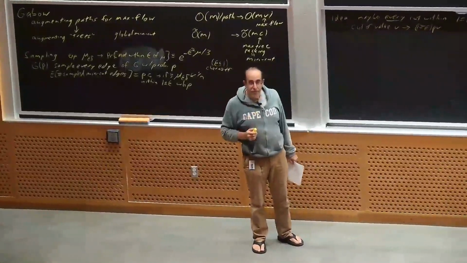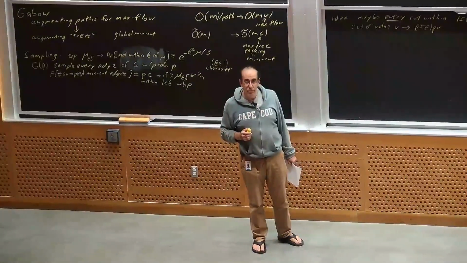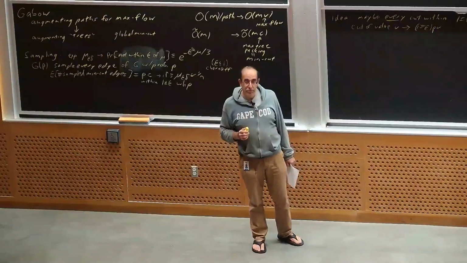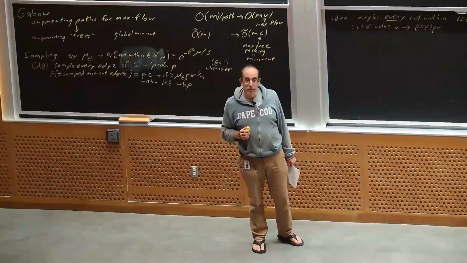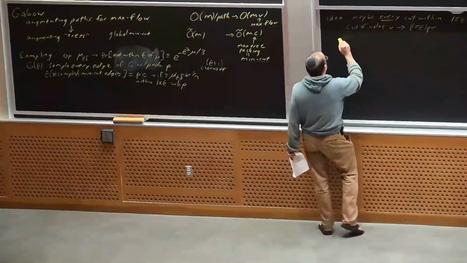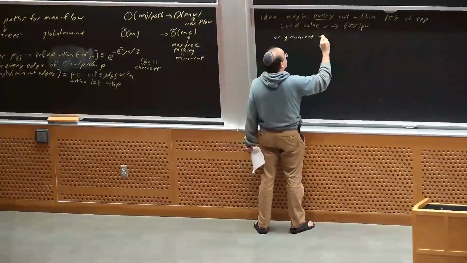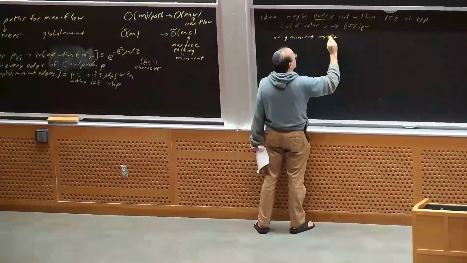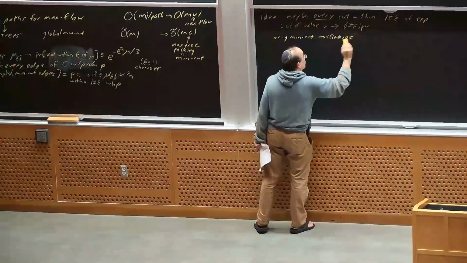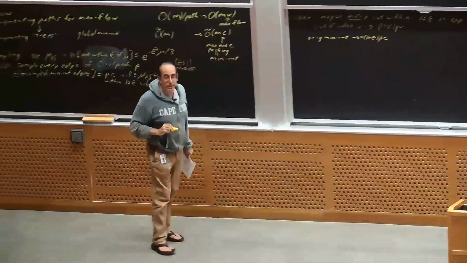Yeah? Exactly, right? The original min cut has value at most 1 plus epsilon times pc, right?